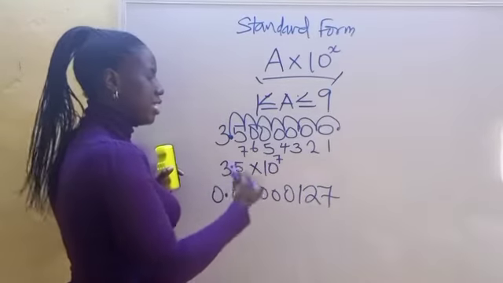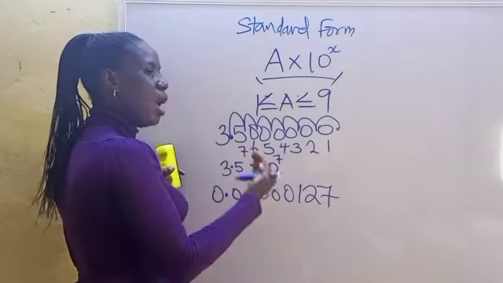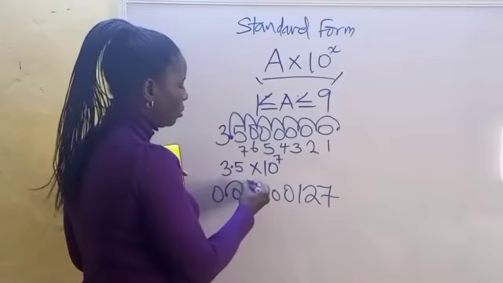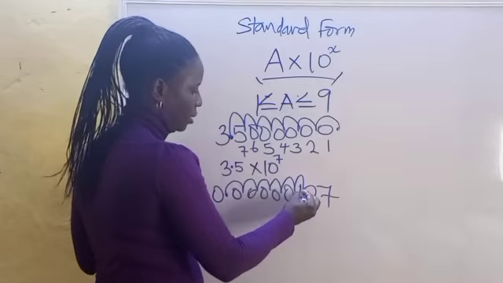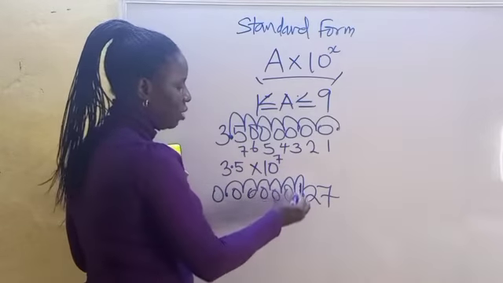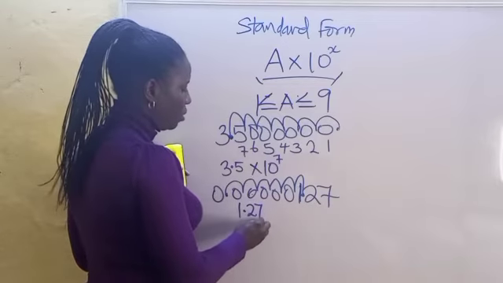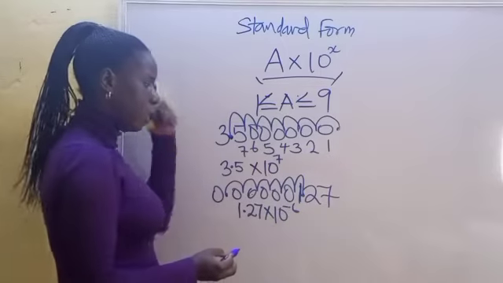And once you are moving the decimal place to the right, we know that we are moving in the negative integer. So we go 1, 2, 3, 4, 5, 6. So we look for the first number. And so we bring this to 1.27 times 10 raised to the power of minus 6.